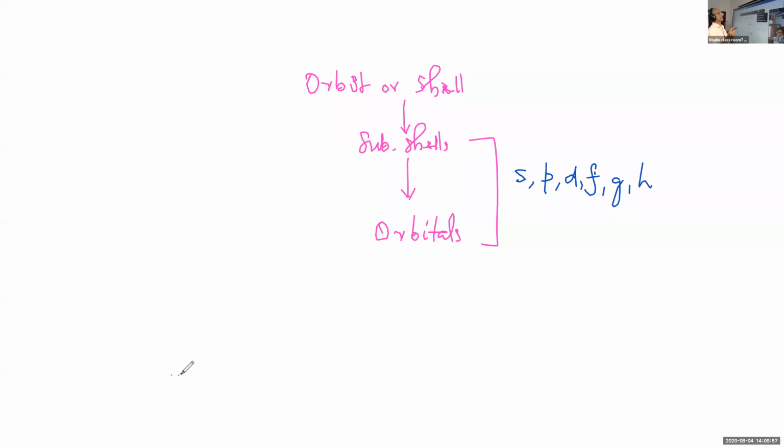Now, let us think of the number of subshells possible in a given shell. The number of subshells will be the same as the number of the shell itself.